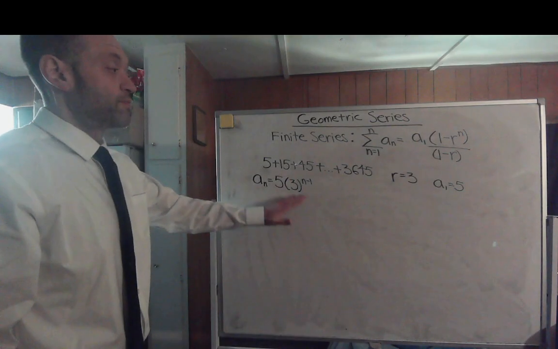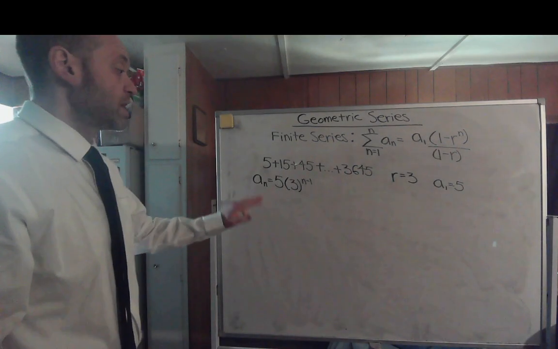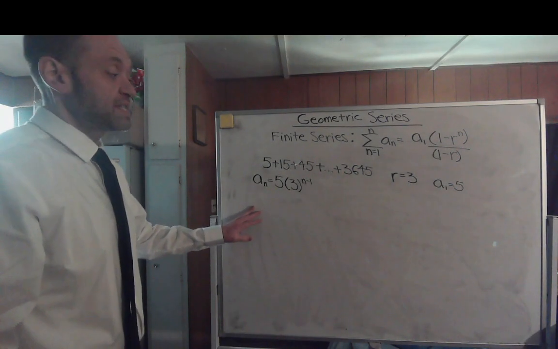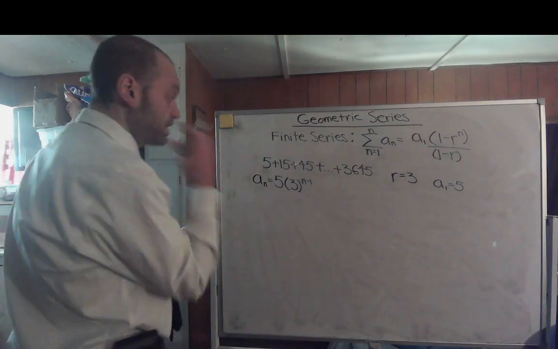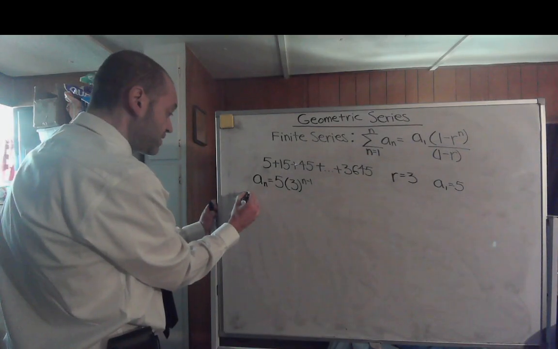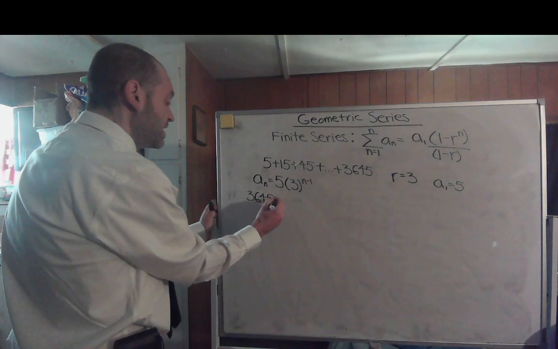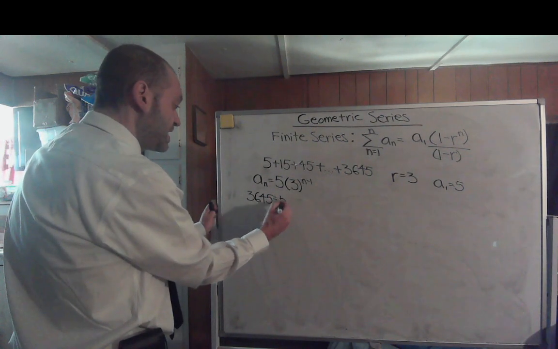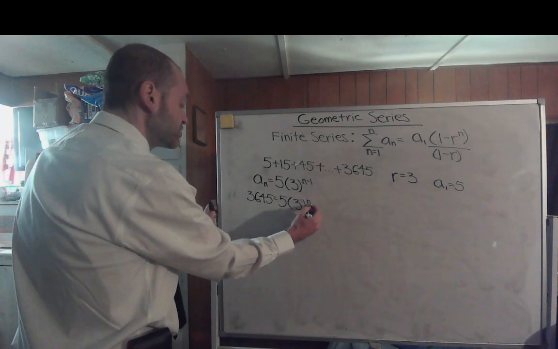That's the nth term of the sequence. Now, here's the thing. This time we don't actually know the n. So we know the very last term is 3,645. That, of course, is going to equal 5 times 3 to the n minus 1.